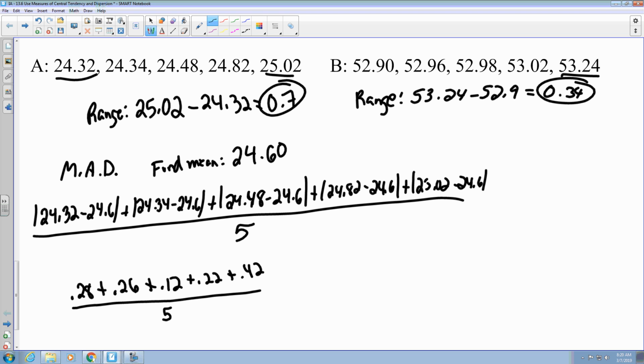Add all these up and divide by 5, and we get a mean of absolute deviation of 0.26.